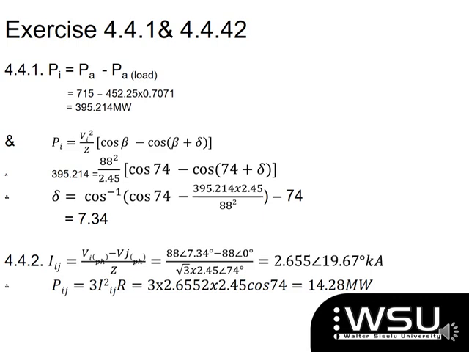You are then able to get your PI, and then you can substitute it into that formula that says PI is equal to VI squared over Z into cos beta minus cos beta plus my advancement angle. I then go and I'm able to calculate what my advancement angle is going to be.